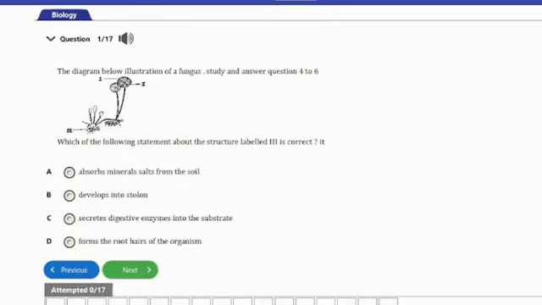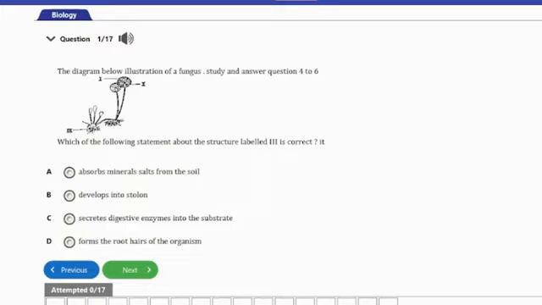We have a diagram here and it says, the diagram below is an illustration of a fungus. Study and answer question 4 to 6. Which of the following statements about the structure labeled III is correct? A. Absorbs mineral salts from the soil. B. Develops into stolon.